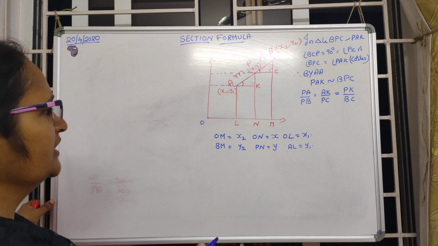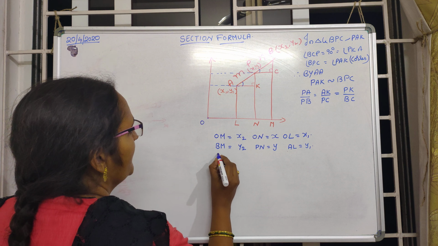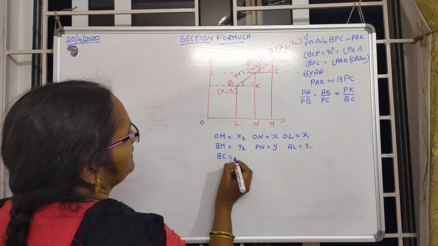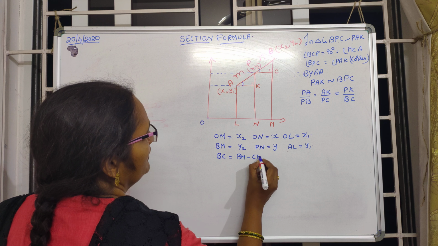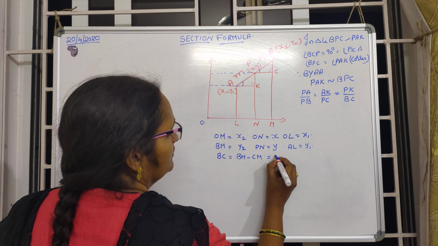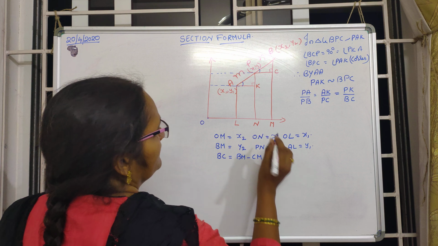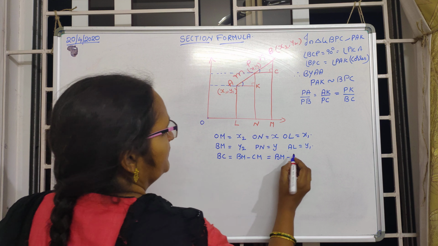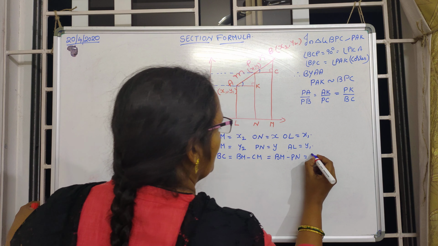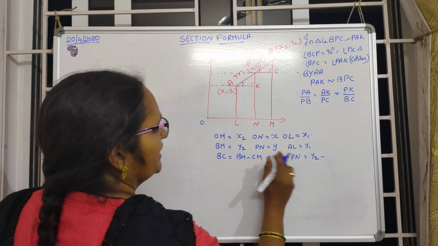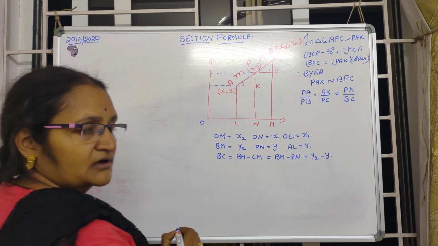Now if I want to find out BC, how do I find out BC? BC equal to BM minus CM. This is equal to BM minus PN. What is BM? BM is y2, minus what is PN? That is y. Clear?